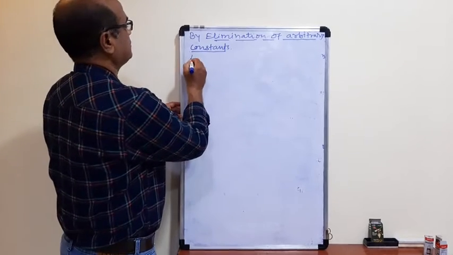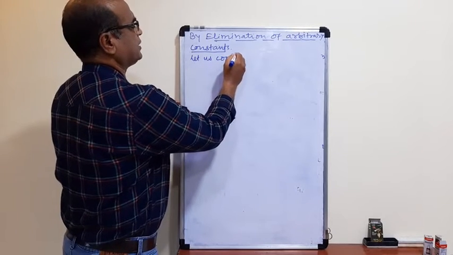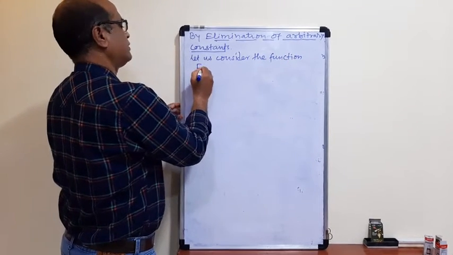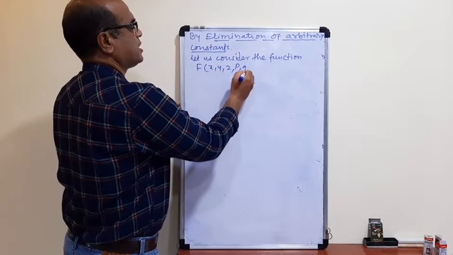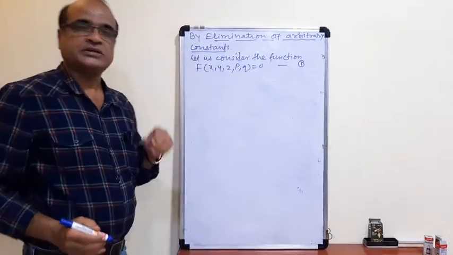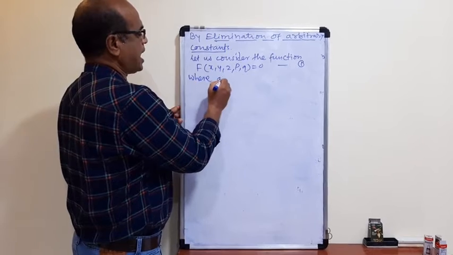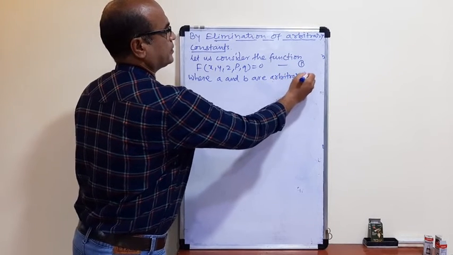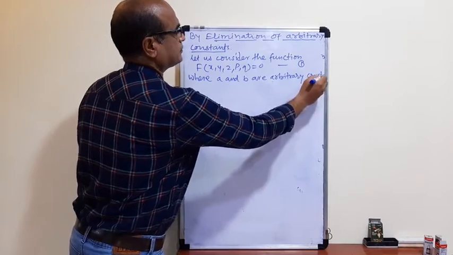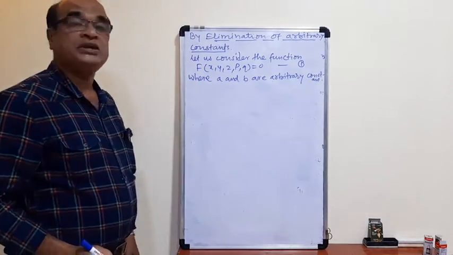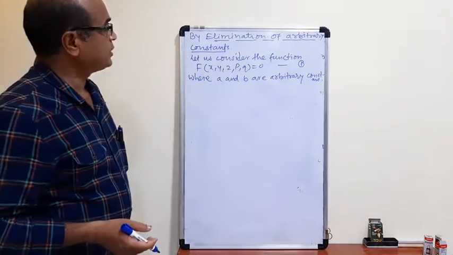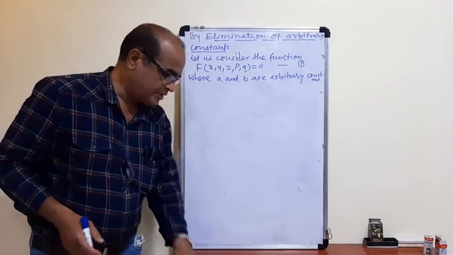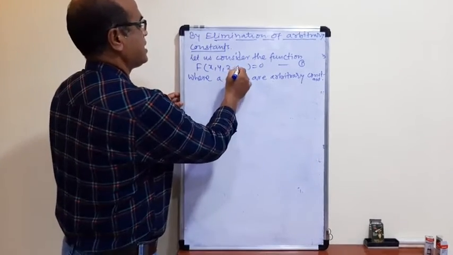Let us consider the function f(x, y, z, a, b) = 0, where a and b are arbitrary constants.